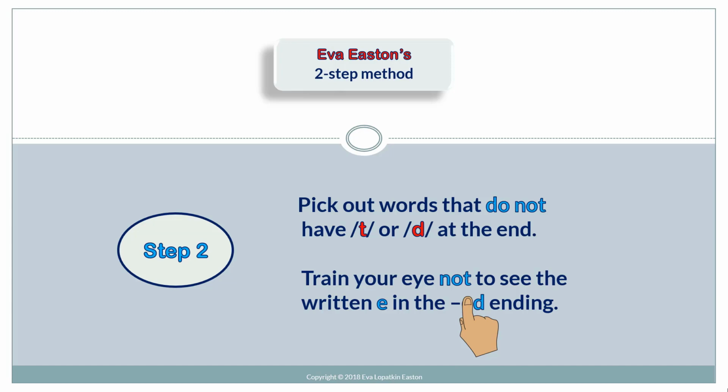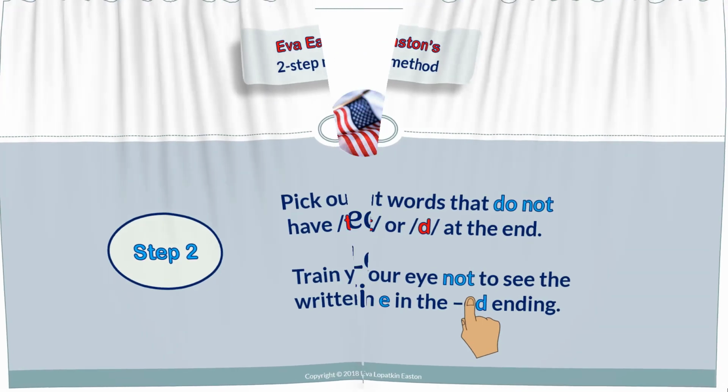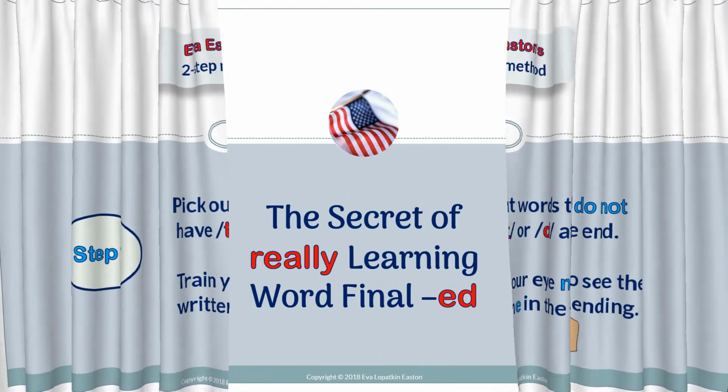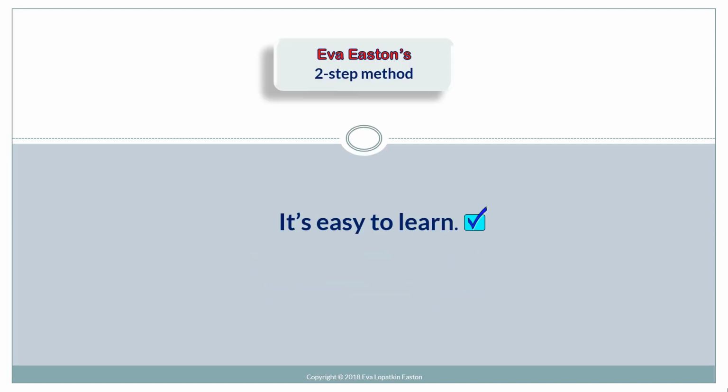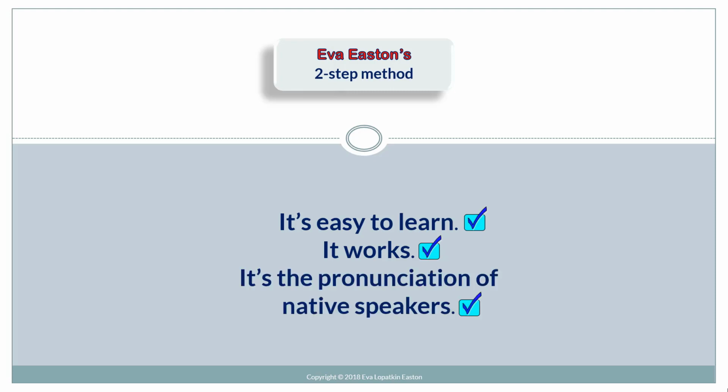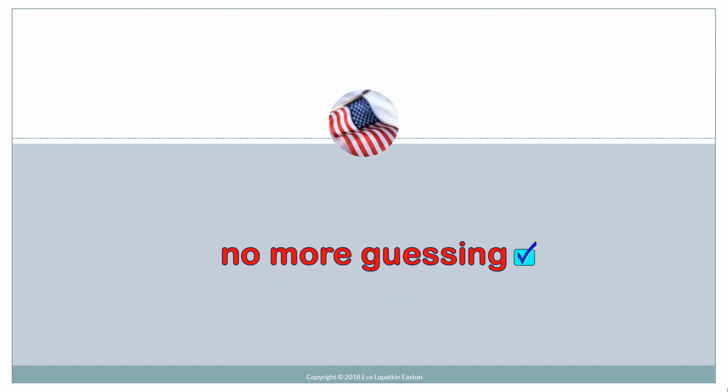Train your eye not to see the written e in the ed ending. And that's the secret of really learning word final ed. It's easy to learn. It works. It's the pronunciation of native speakers. No more guessing.